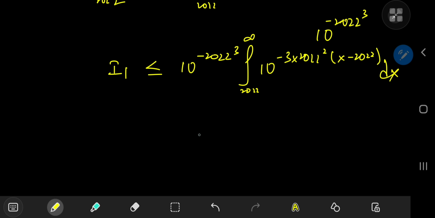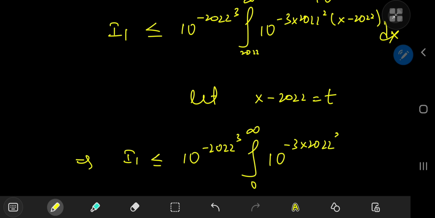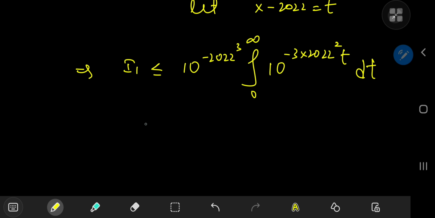And if you just perform a substitution where you let x minus 2022 equal to t, this implies that I sub 1 is less than or equal to 10 to the negative 2022 cubed times the integral from 0 to infinity now of 10 to the negative, this horrible term that I keep repeating, times t dt. And the integration is pretty trivial over here.